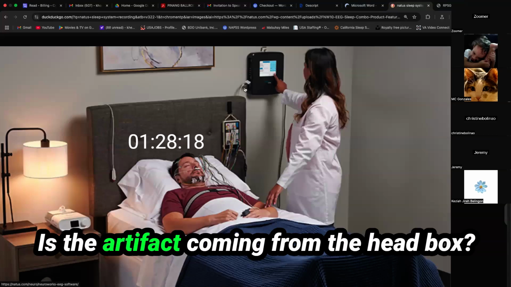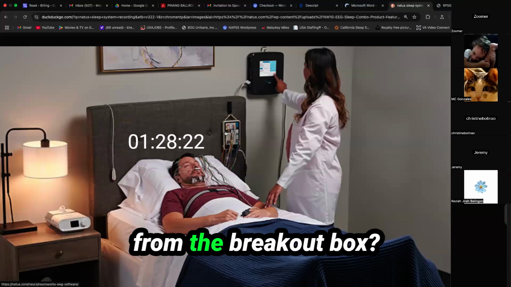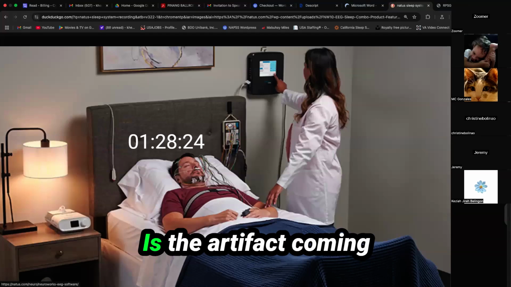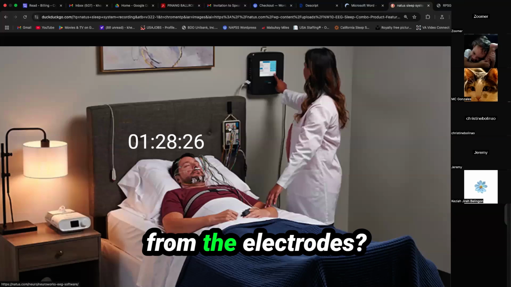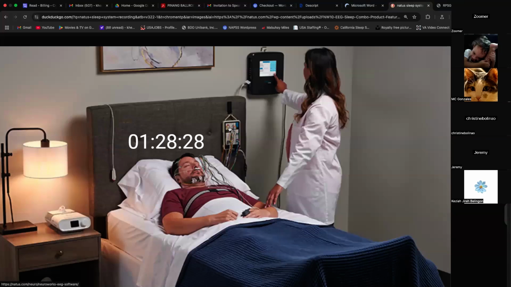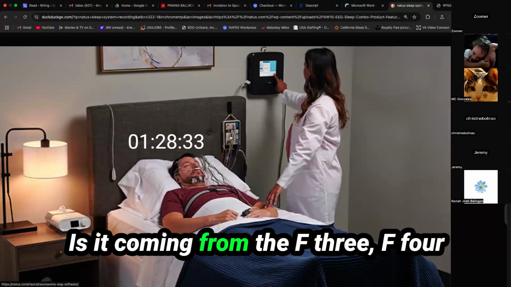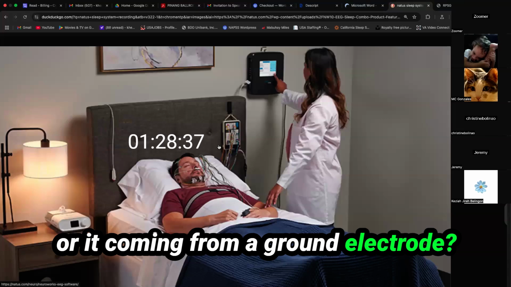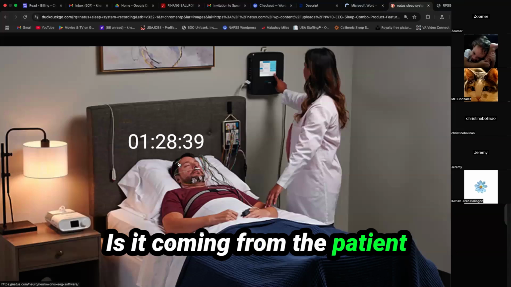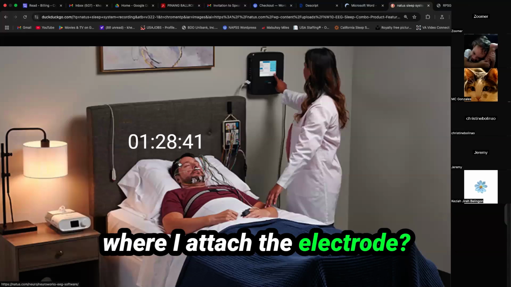Is the artifact coming from the head box? Is the artifact coming from the breakout box? Is it coming from the electrodes? Is it coming from just the reference electrode? Is it coming from F3, F4, or a ground electrode? Is it coming from the patient where I attach the electrode?